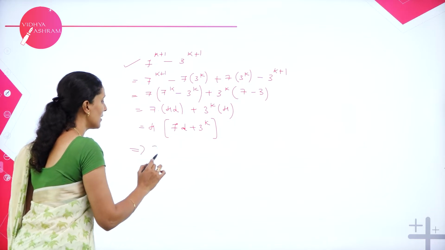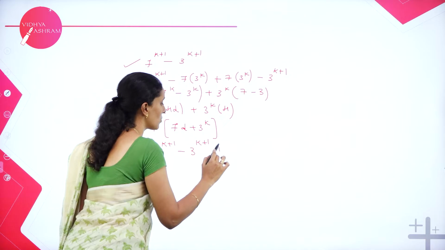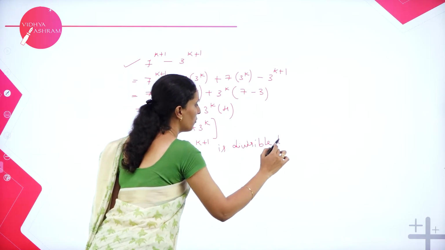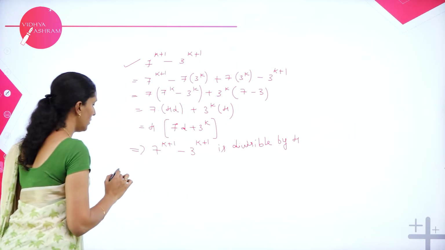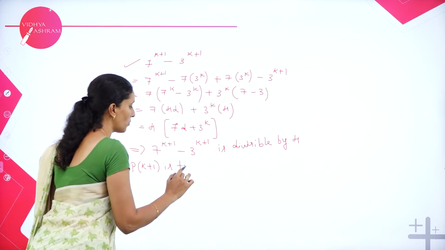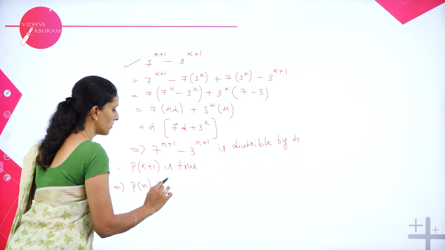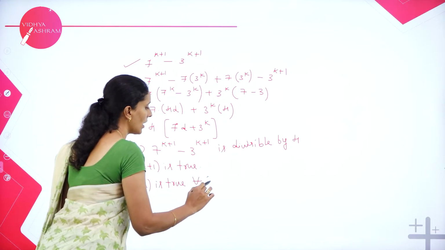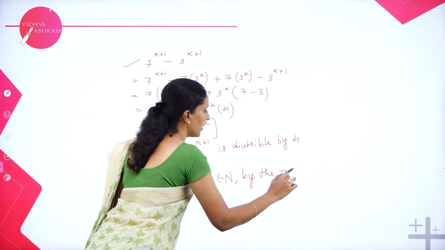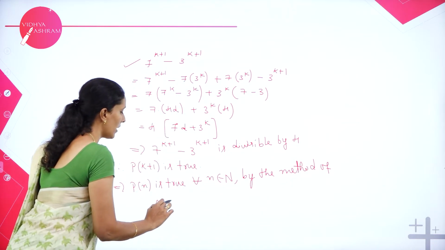So this implies 7^(k+1) - 3^(k+1) is divisible by 4. Therefore P(k + 1) is also true. This implies P(n) is true for all n belonging to N by the method of mathematical induction.